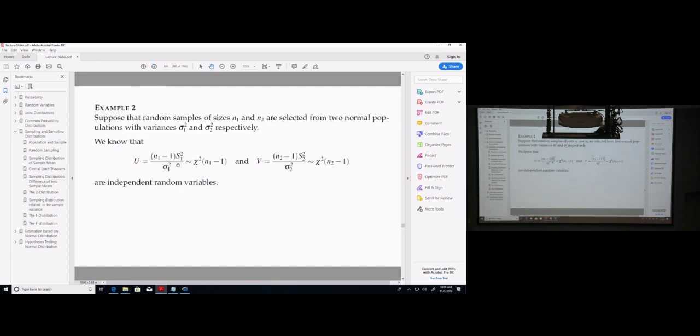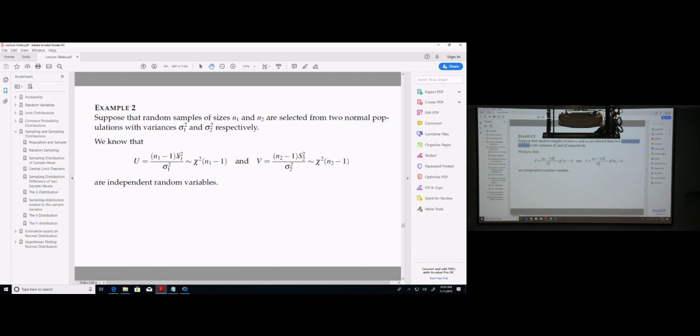Okay, now where are our applications? We have random samples of sizes N1, N2 drawn from two normal populations. We do assume normal populations, but if the sizes are big enough, the central limit theorem says these assumptions can't be too off, all right? So U is equal to this.